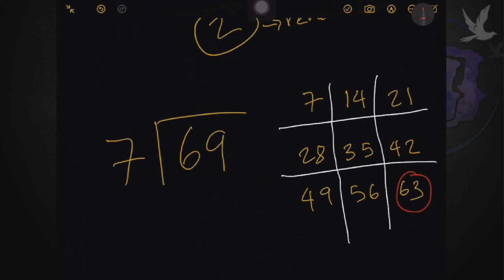We have 69 there. Which number is nearest to 69 out of all these given numbers? It's 63. Okay. And if you count the place of 63, we have 1, 2, 3, 4, 5, 6, 7, 8, 9. It's the 9th number rather. So which means the quotient is 9. And 9 times 7 will basically give you 63.